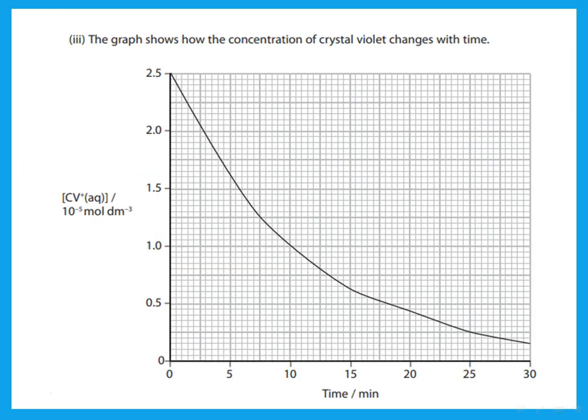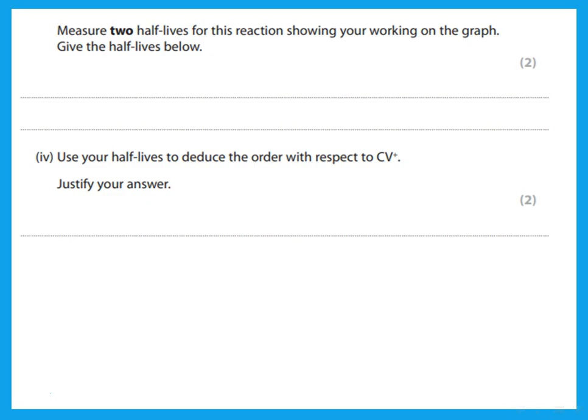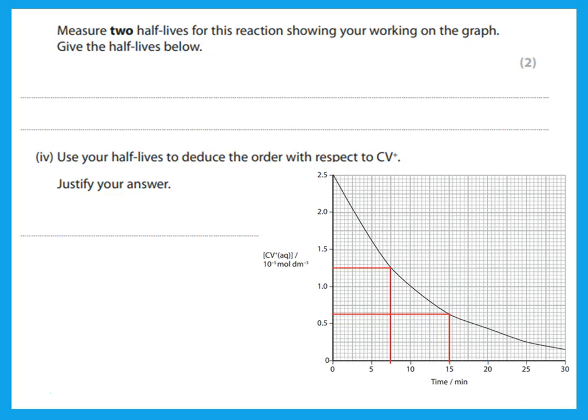Okay? The graph shows how the concentration changes with time, and he says measure 2 half-lives. So again, how do we measure the half-life? We're starting from 2.5, so I go from 2.5 to half of that, which is 1.25. How long does it take? It takes about 7.5 minutes. And then I go to the next half-life.